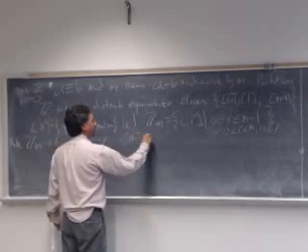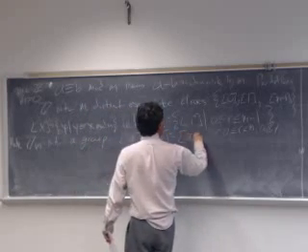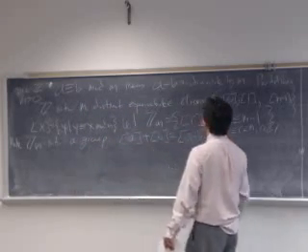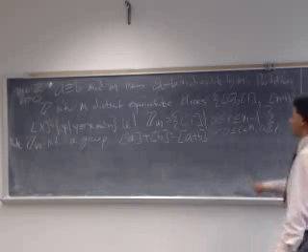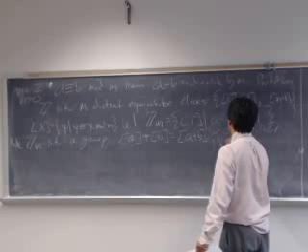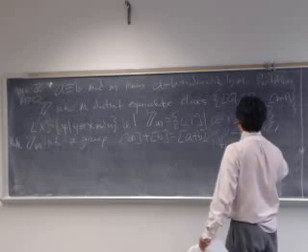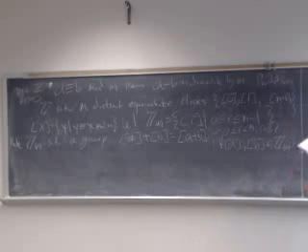How would you add two equivalence classes of the integers mod n? Well, you take the equivalence class determined by A and add it to the equivalence class determined by B, and that gives you A plus B and look at its equivalence class. And so we define that for any two of these equivalence classes.